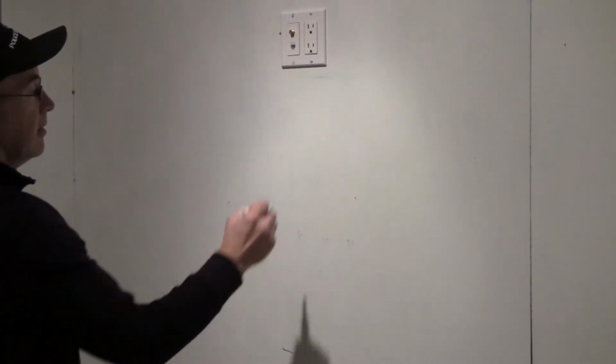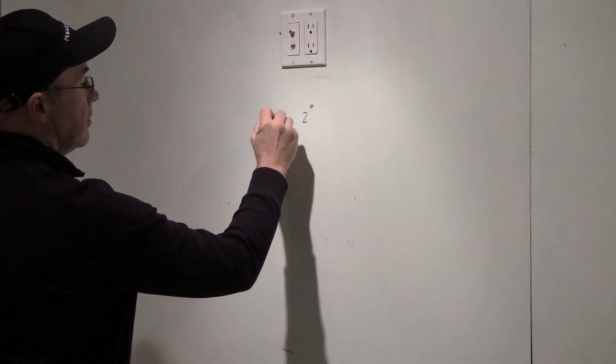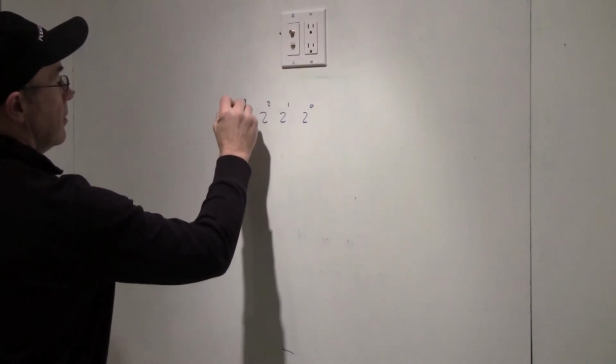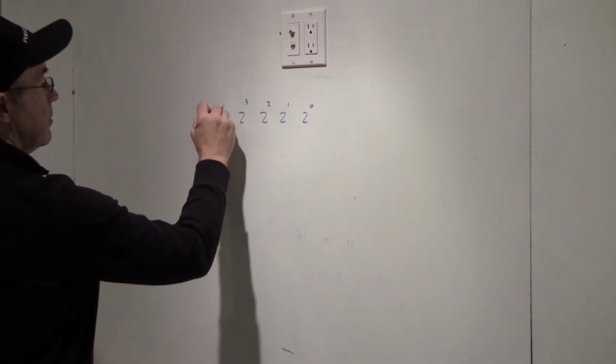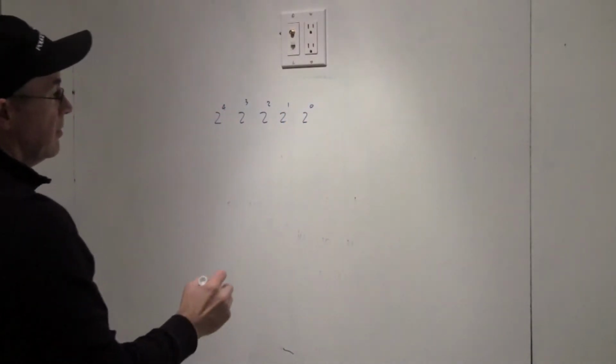So in binary, since it's base 2, you're going to have a 2 to the 0, 2 to the 1, 2 to the 2, 2 to the 3, 2 to the 4, and likewise you could have 2 to the minus 1.